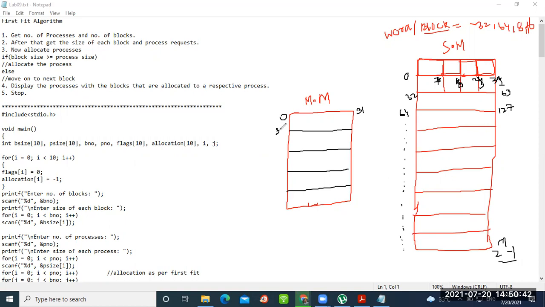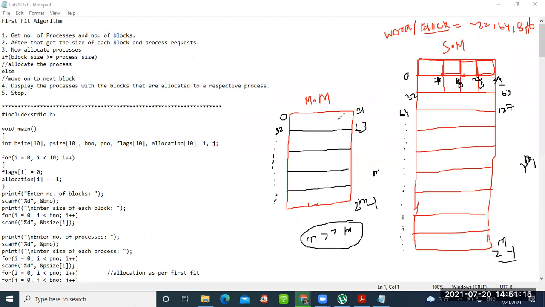Now it will be 32, again it will be 63, and this process will also continue. If I say there are m blocks, the final will be 2 to the power of m minus 1. If there are n blocks, then size is 2 to the power n minus 1. If there are m blocks, then size is this one. And we clearly know that now n is much greater than m here. Okay, just remember.